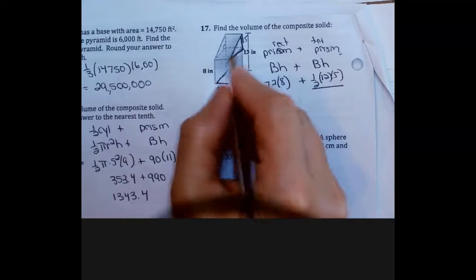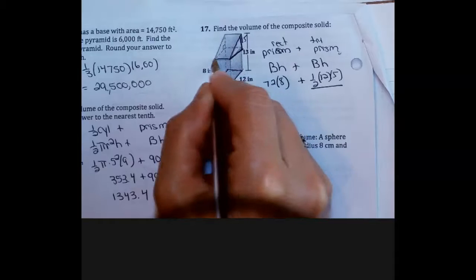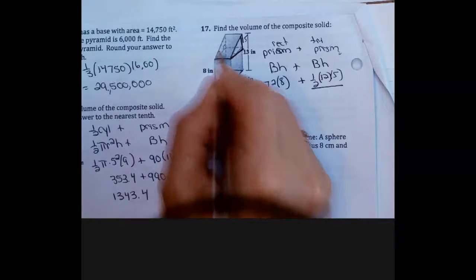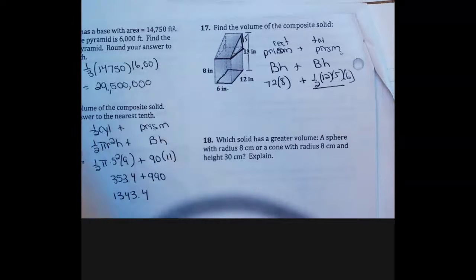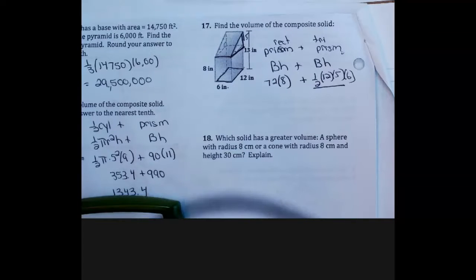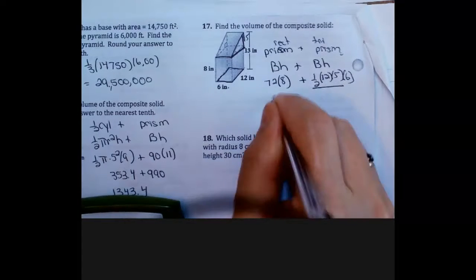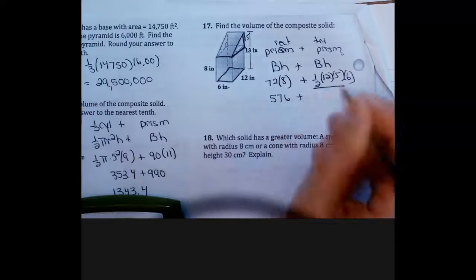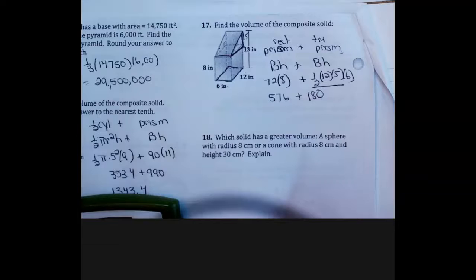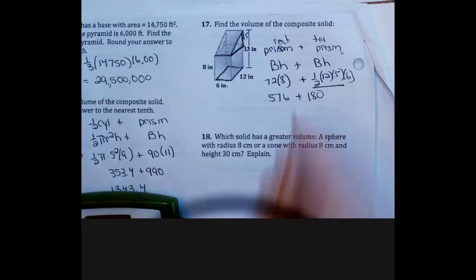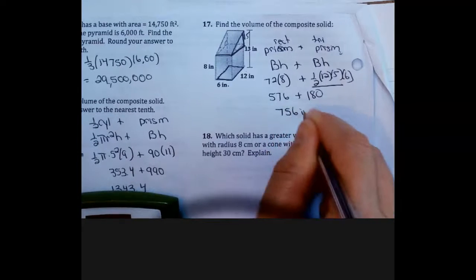Well, the height of the prism, if the base is a triangle, its height or distance from this triangle to the other one would be 6. Let's go ahead and plug those into our calculator. So we've got 72 times 8 is 576, and then over there we get 180, and finally adding them together, 756 inches cubed.